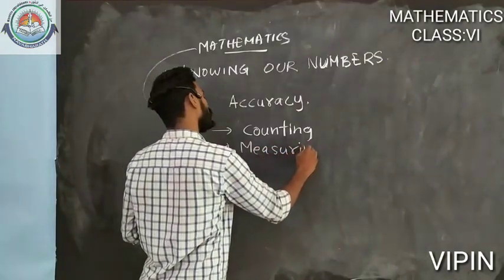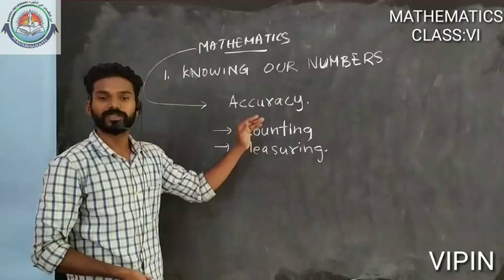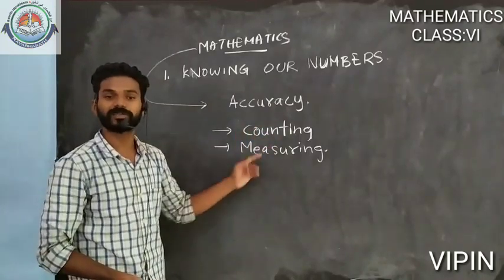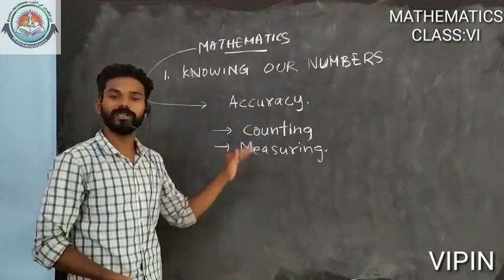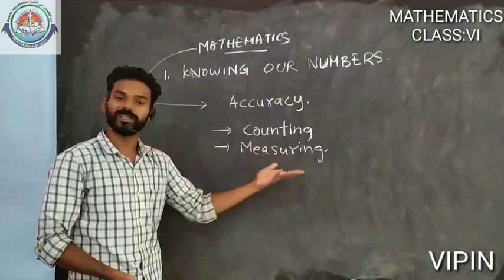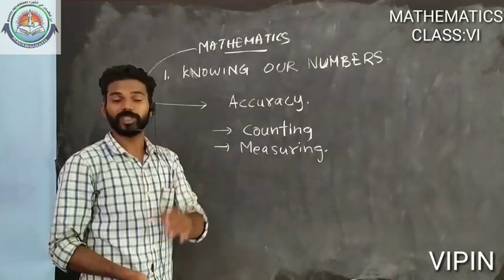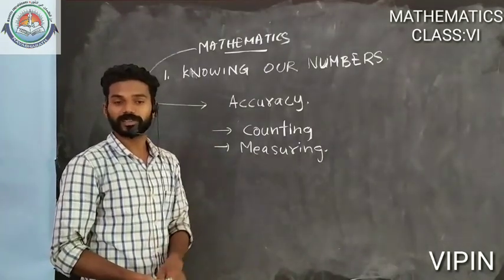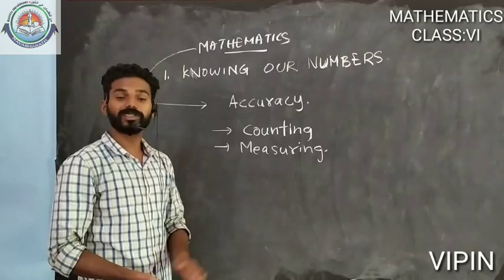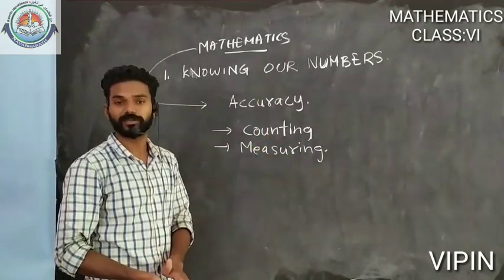So these are the fundamental, basic processes that are done in mathematics. Counting, you have already learned how to count, and you know the process of measuring. You are already familiar with the meter scale or centimeter scale. What is the purpose of a scale? A scale is used to measure.